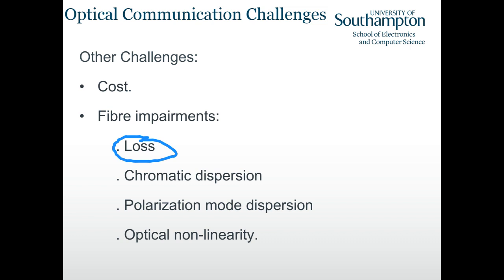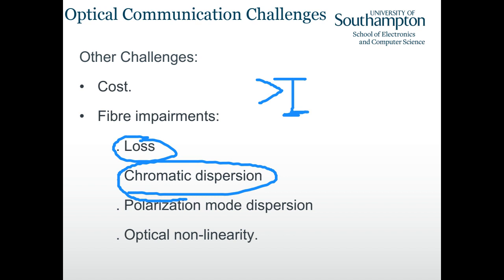Then there is chromatic dispersion. We'll talk about this quite a lot. Basically, what happens here is that for any light source, we have a collection of wavelengths. It wouldn't be just one wavelength.